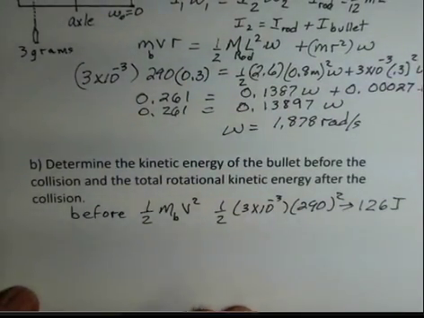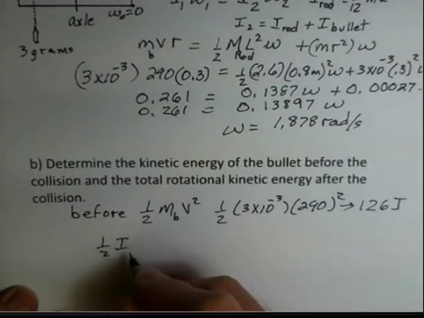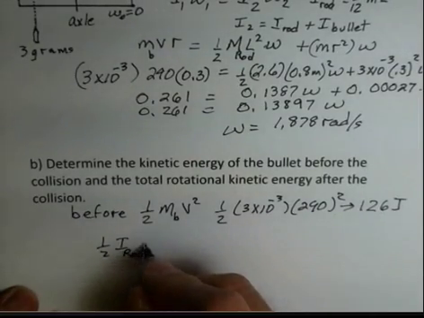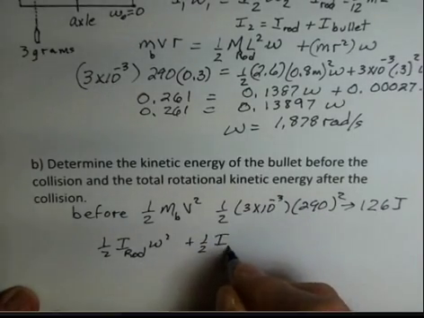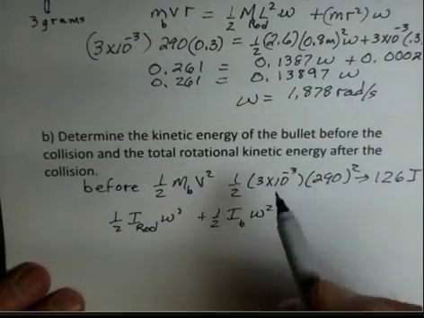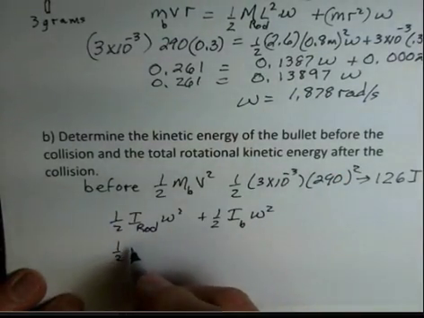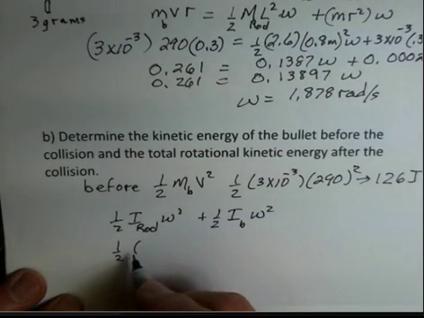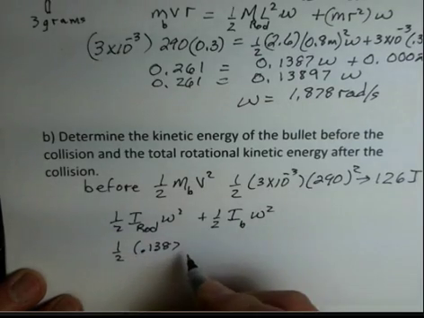After the impact, all the kinetic energy is in rotational form. So 1/2 I rod omega squared plus 1/2 I bullet omega squared. And we know the I values, we've worked them out up above, so 1/2, and we have 0.1387 for the moment of inertia of the rod.